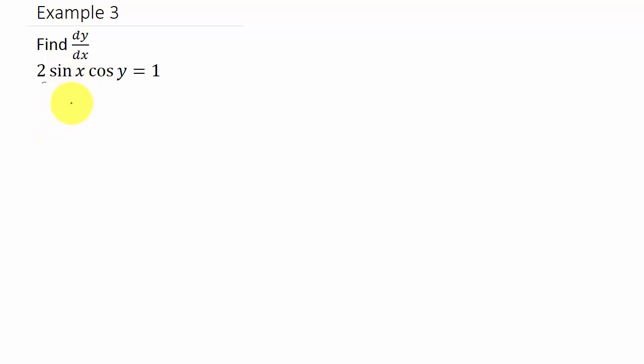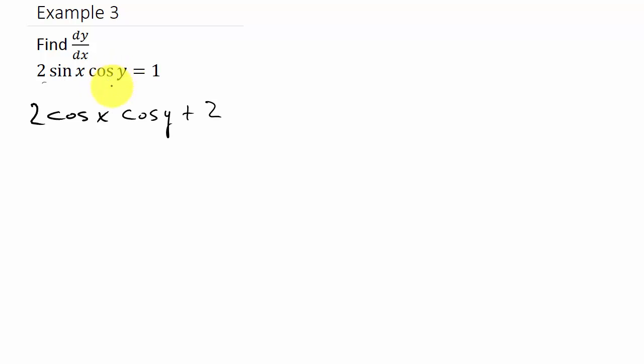Alright, so let's go ahead and do this. Now this 2 here is just going to tag along. We're not going to really do anything with the 2. So the derivative of sine x is what? Cosine x. So I've got 2 cosine x times cosine y. It's the derivative of the first, which is cosine x, times the second, plus, and I'll bring my 2 with me, plus the derivative of the second.